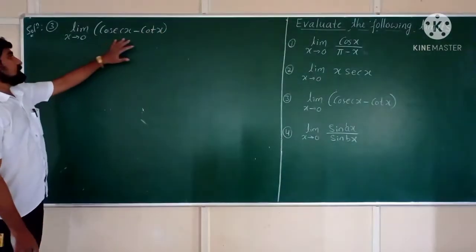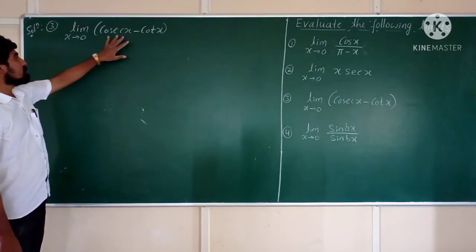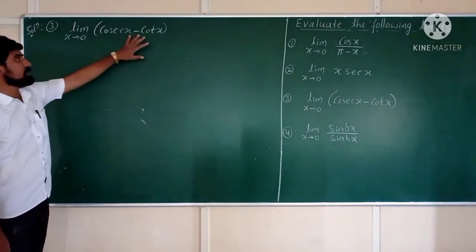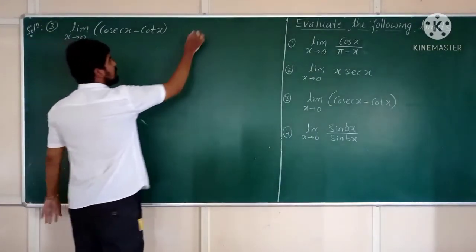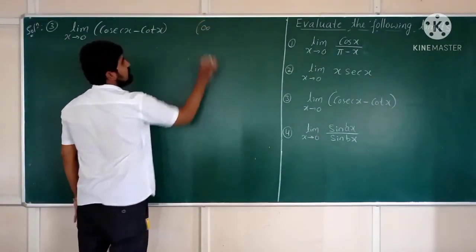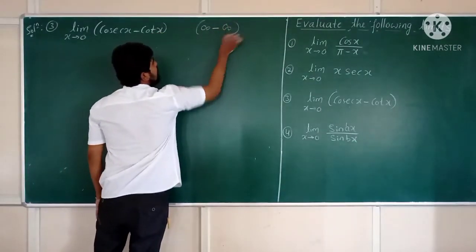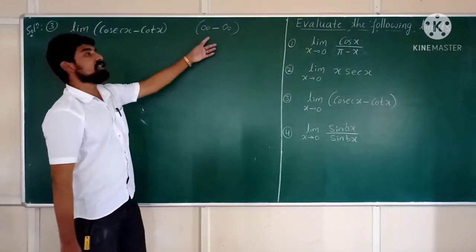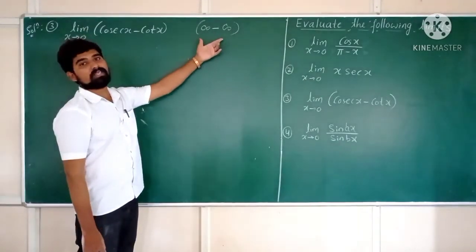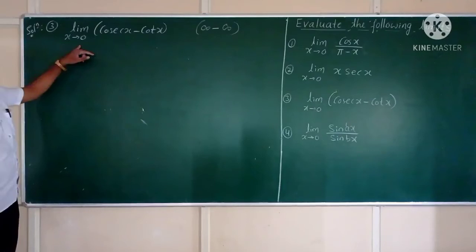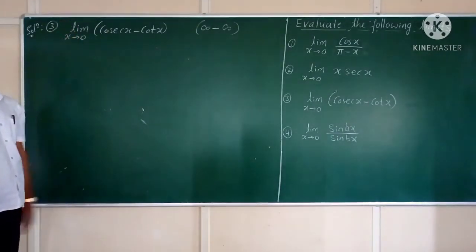If I substitute x equals 0 in this function, cosecant x minus cot x becomes cosecant 0 minus cot 0, and we know that the value of cosecant 0 is infinite, minus cot 0 value is infinite. So this is of infinite minus infinite form. This is also one of the indeterminate forms. It means we cannot directly substitute the value of x equals 0 in this given function.